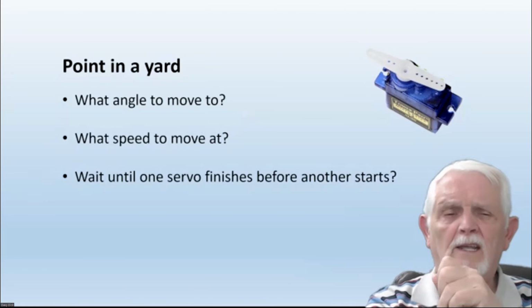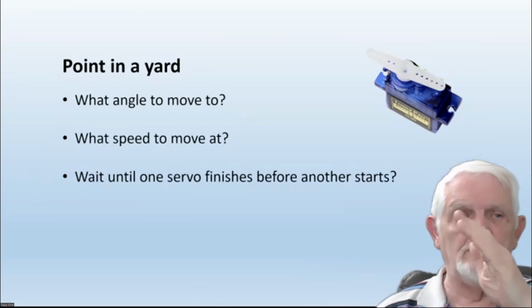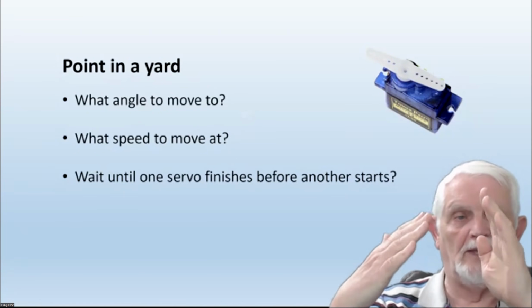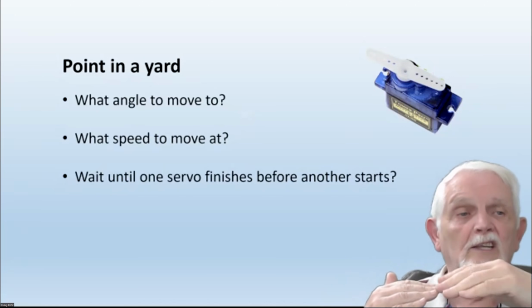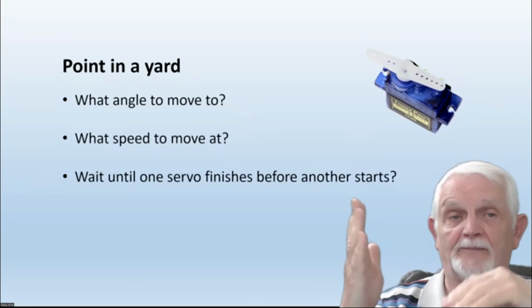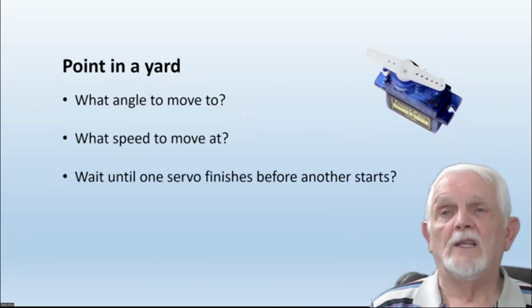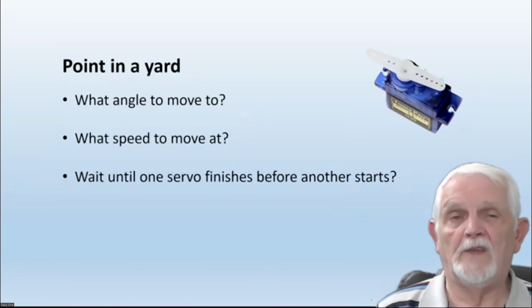And it'd be handy to have the ability to decide, do I want to move servo 1, wait till that's finished, and then move servo 2, wait till that's finished, then move servo 3, or can I move 1 and while it's still moving, start moving 2? I'd like to have that facility. We don't have that in the basic servo, the include that comes with the Arduino.